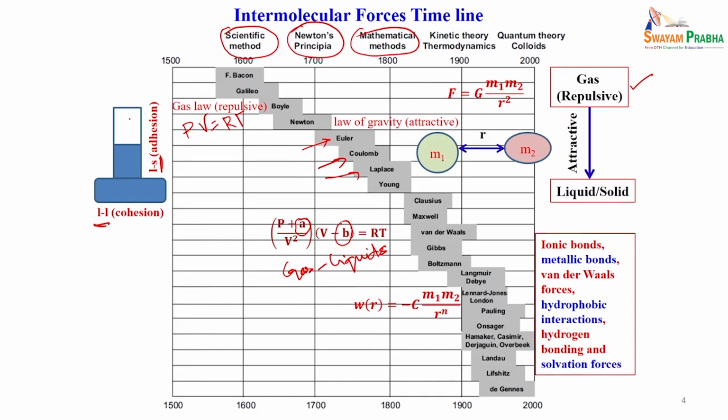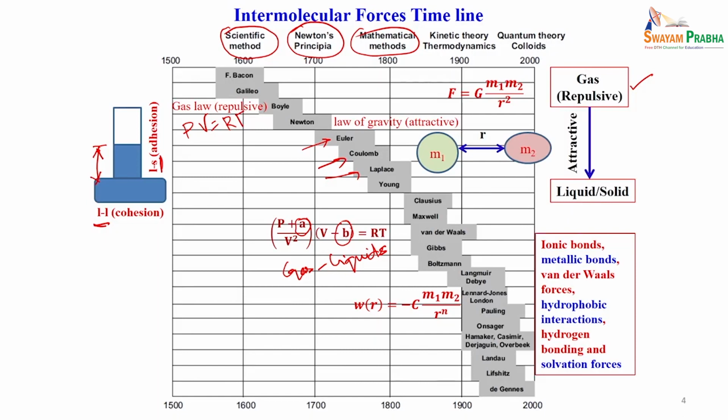If you put a capillary tube of any wall thickness, you are going to have the same capillary rise height. The interaction between liquid molecules prevents the capillary rise, but at the same time the interaction between liquid and solid promotes the capillary rise. So, this is a classical example where we are seeing both adhesive as well as cohesive forces.